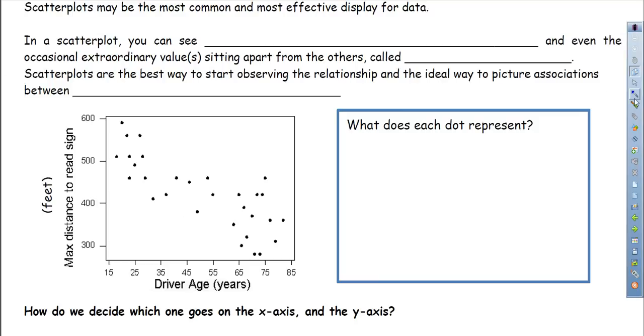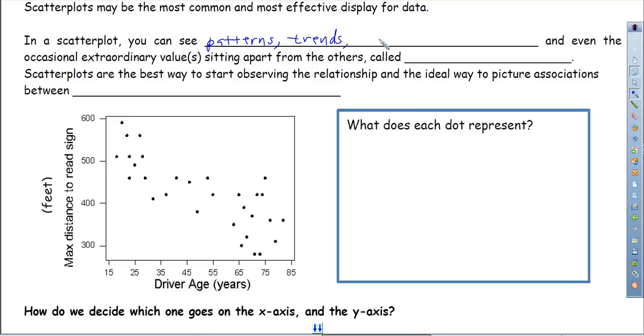In a scatter plot, we can see patterns, trends, or relationships, and even the occasional extraordinary value or values sitting apart from the others, which would be our outliers.